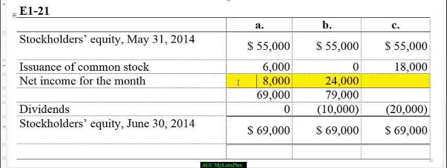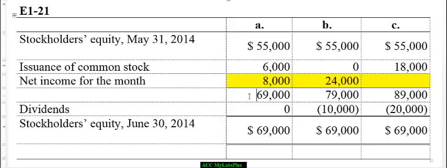If we end with $69,000, but yet we had paid out dividends of $20,000, at some point we would have had a total of $89,000 of stockholders' equity. That $89,000 would have then been reduced to $69,000 as we paid $20,000 in dividends.